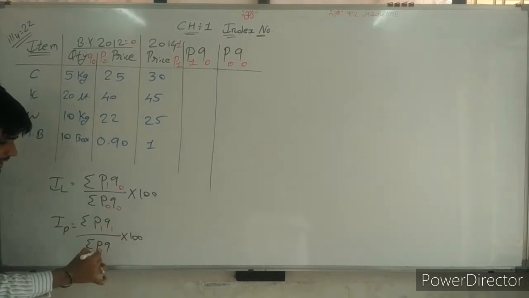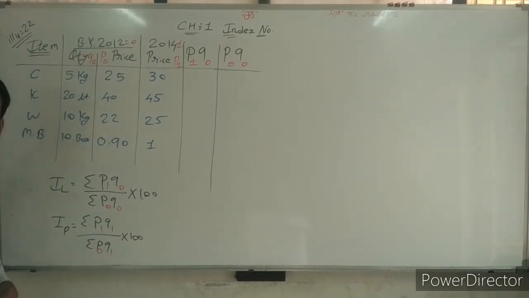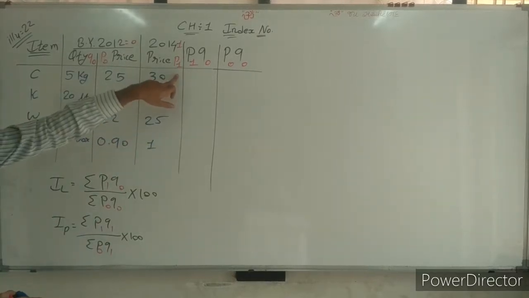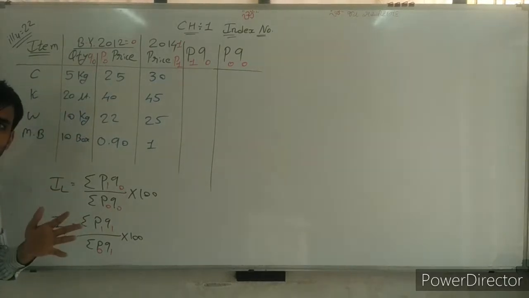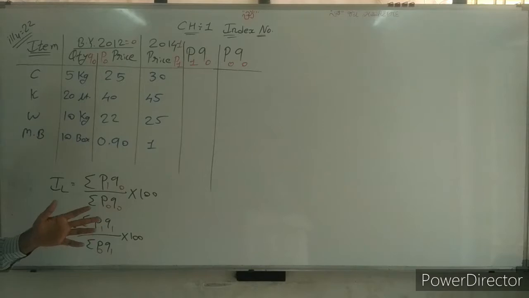Now think, suppose Paasche index, sigma P1 Q1 upon sigma P0 Q1, we know very well. Now think P1 Q1. P1 is there. Is there Q1? No, sir. There is no information about Q1. So P1 Q1 I cannot find.